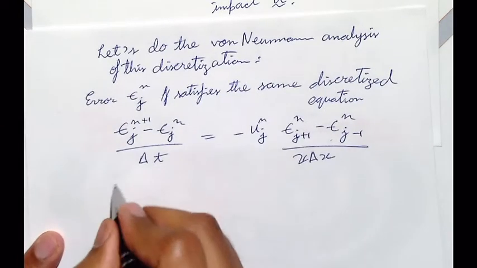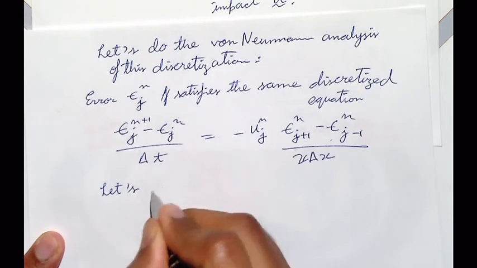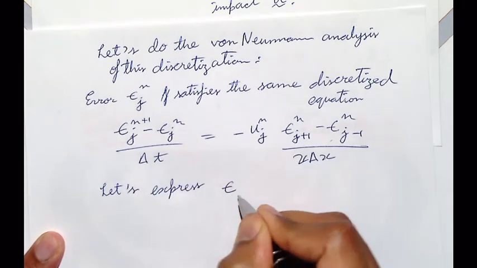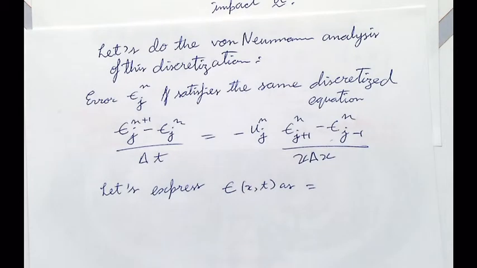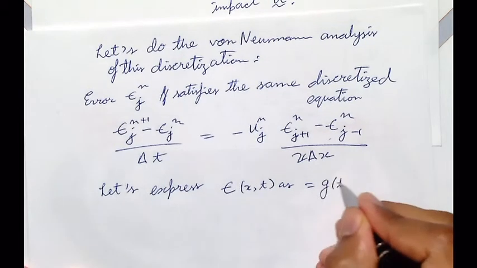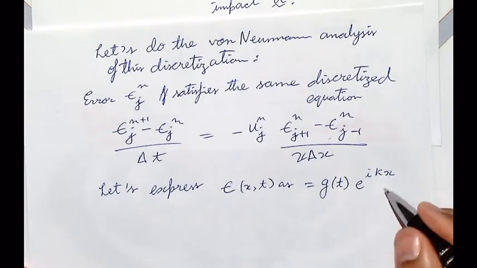Now, if you remember, we expressed epsilon as a time-dependent term and a space-dependent term: g of t and e to the i k x, the Fourier mode.